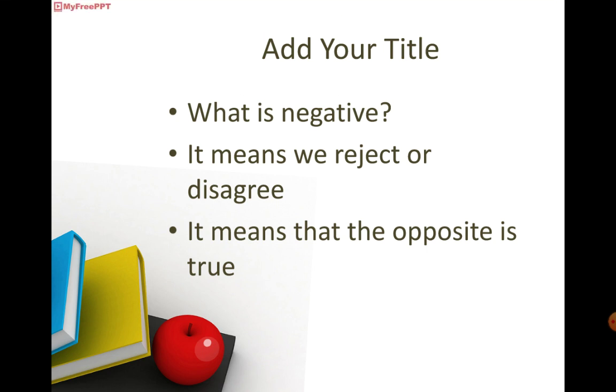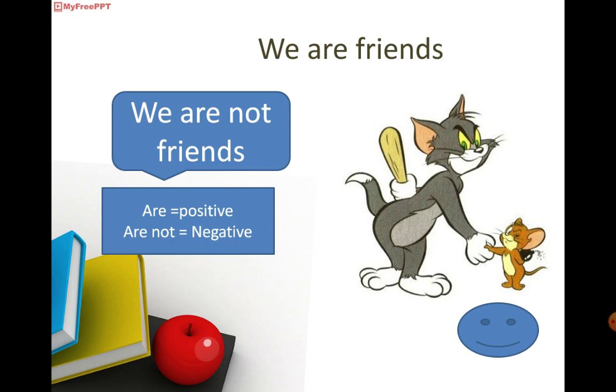Let us take an example. Here there's a picture of Tom and Jerry, and the sentence given here is we are friends, but in reality we know they are not friends. So we are not friends is a negative sentence and we are friends is a positive sentence.